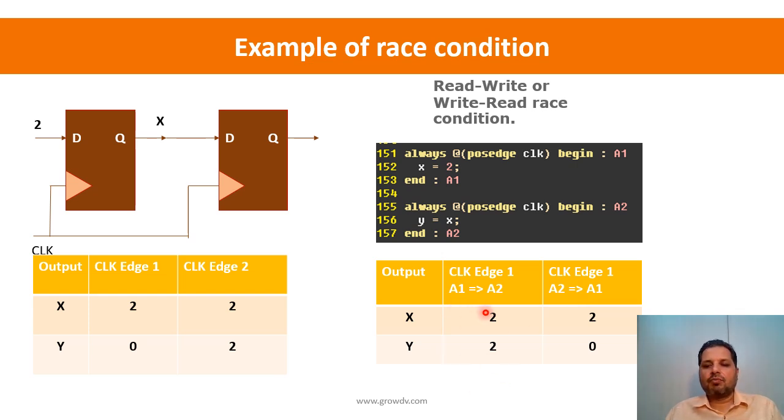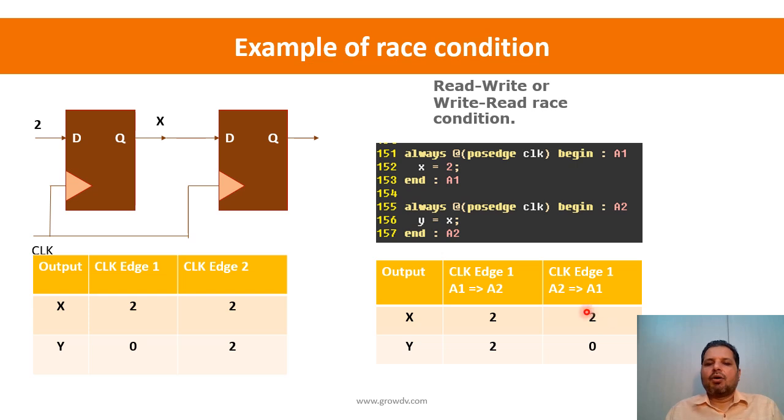That is one problem. The second problem is that on the same clock edge, if the ordering happened such that A2 executed first and then A1 executed, then y will sample the previous value of x, which would be 0, and then x will still get the latest value, which will become 2.